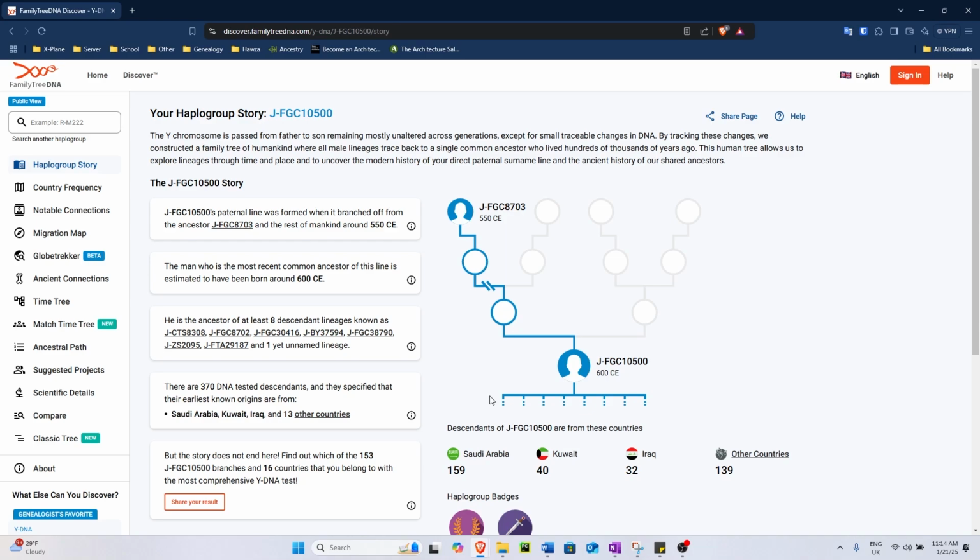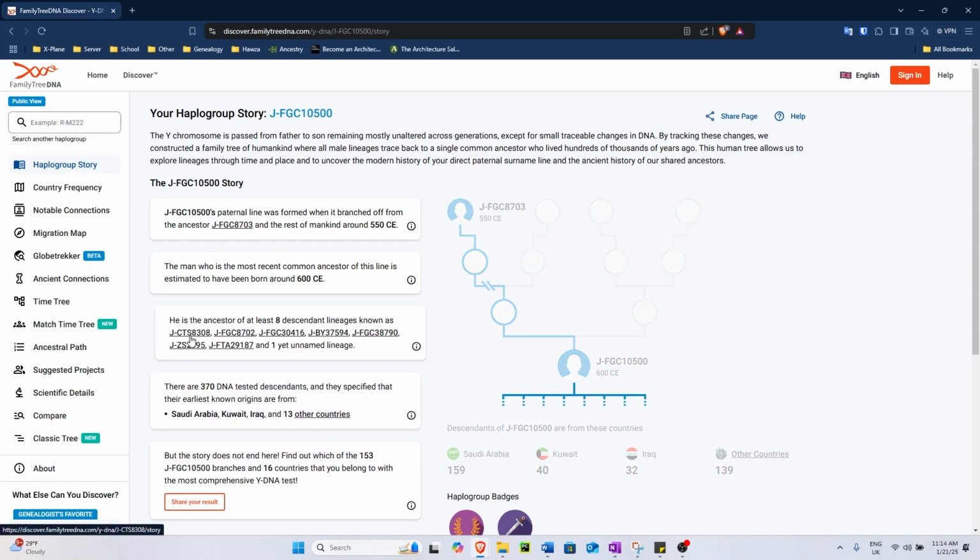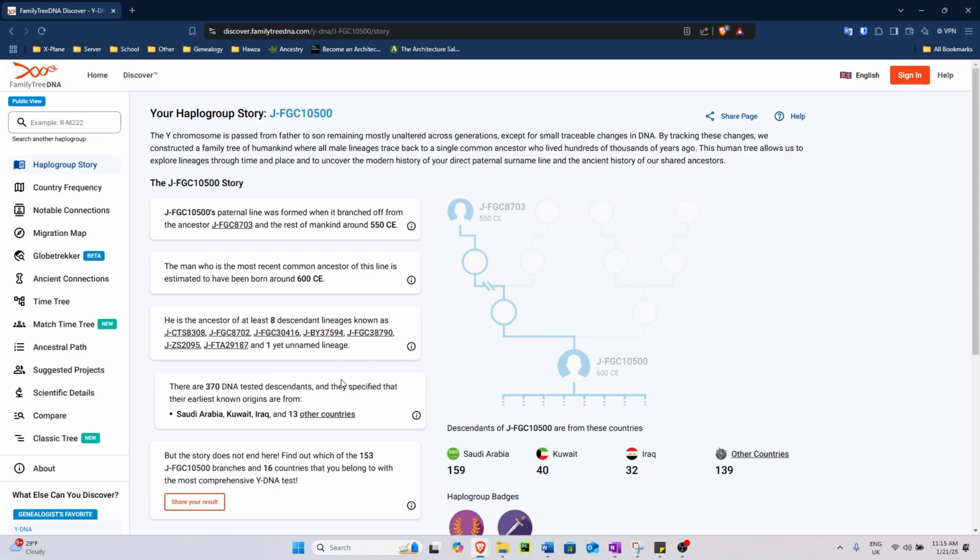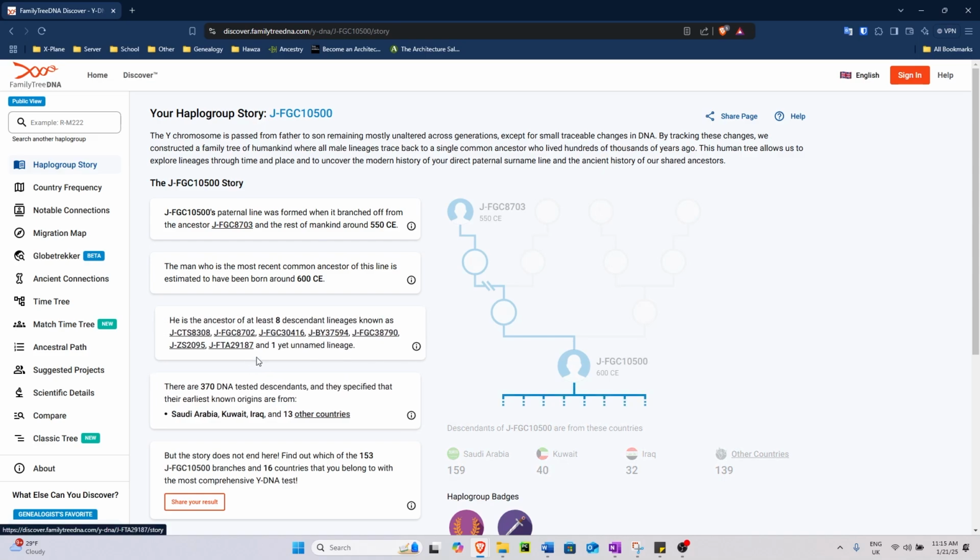So although it seems like 8 lineages at first glance, if we look at CTS 8308, the al-Tayyari mutation, FGC 8702, the Hassani Musawi mutation, BY 37594, the Dawoodi Hassani mutation, and FTA 29187, which is another Hassani mutation, they actually all fall under one T2T mutation named A31773, which was discovered by Dr. Hadi al-Amali.